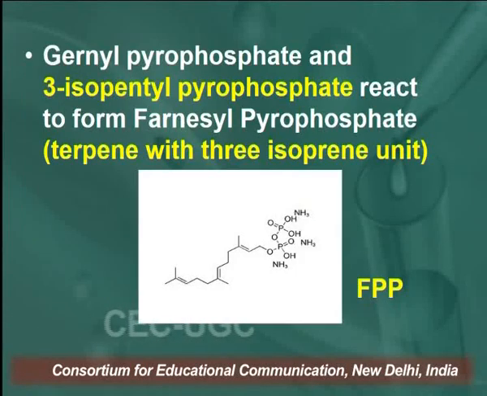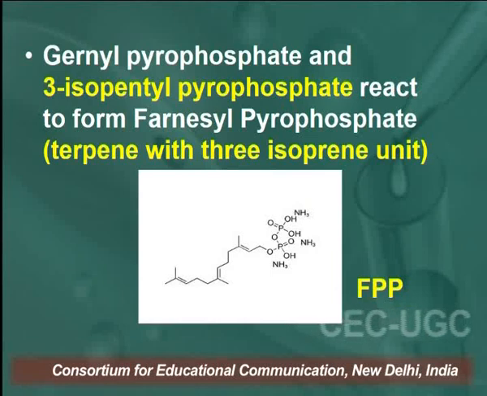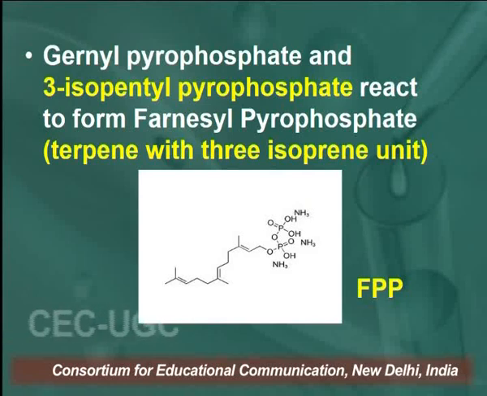Geranyl pyrophosphate and isopentenyl pyrophosphate react with each other to form farnesyl pyrophosphate. So this is the structure of farnesyl pyrophosphate. Learners, this is a terpene, and farnesyl pyrophosphate contains 3 isoprene units along with a phosphate group.